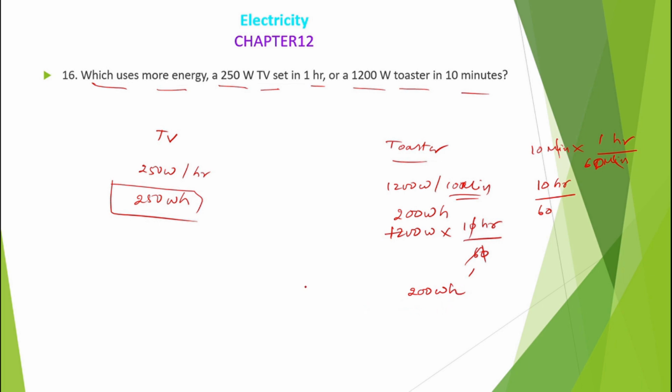Now you compare this. This is also in watt hour and this is also watt hour. Now you compare which one is consuming more energy. TV is consuming more energy. So here you have to make one sentence: energy consumed by TV is more compared to the toaster. That you have to mention.